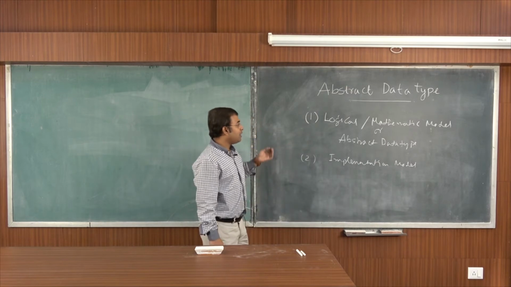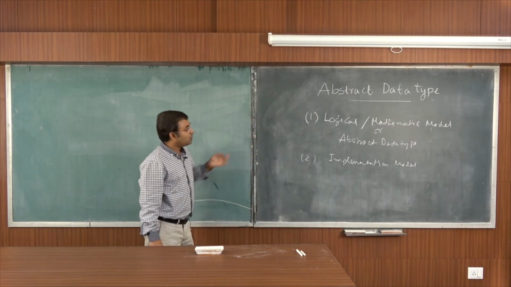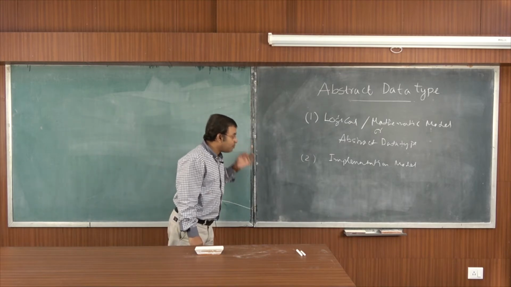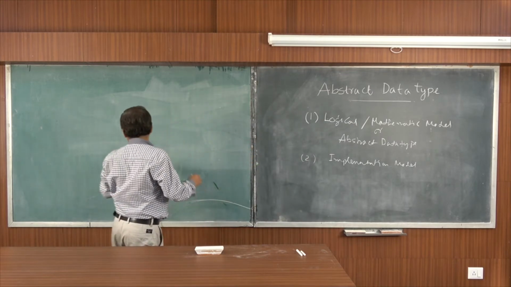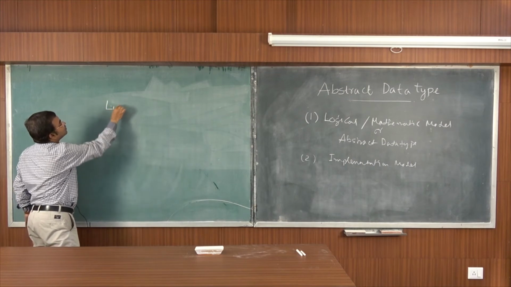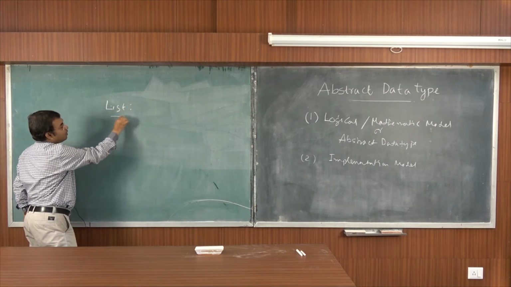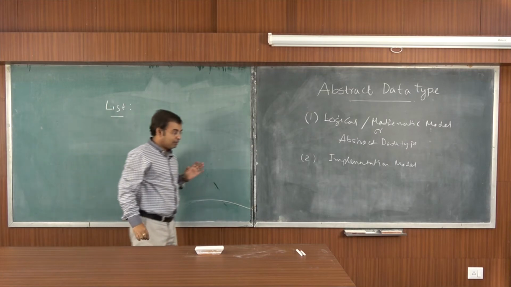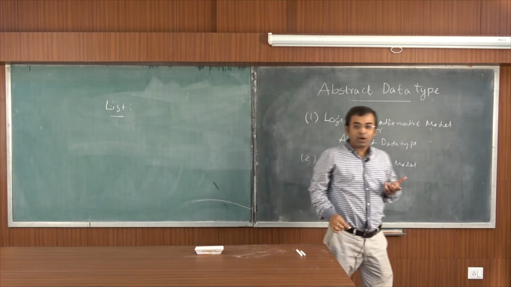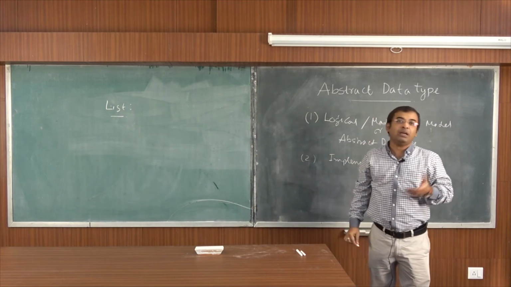Let me come to a very interesting example of a logical or mathematical model of a data structure. A real example of this is called a list. What is that? A very general word, list, is basically a collection of items.